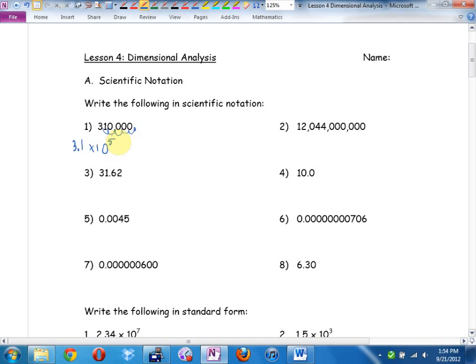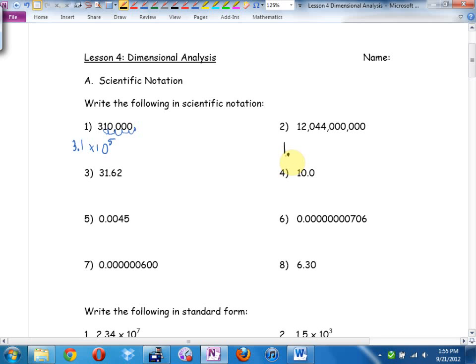Who has never seen scientific notation before? You guys do it in Science 9, is that right? Or Math 9? Science 9. Both? Okay. Well, we're doing it here too. Example 2, 12 billion, 44 million. I write down the first digit, 1. I put a decimal point.